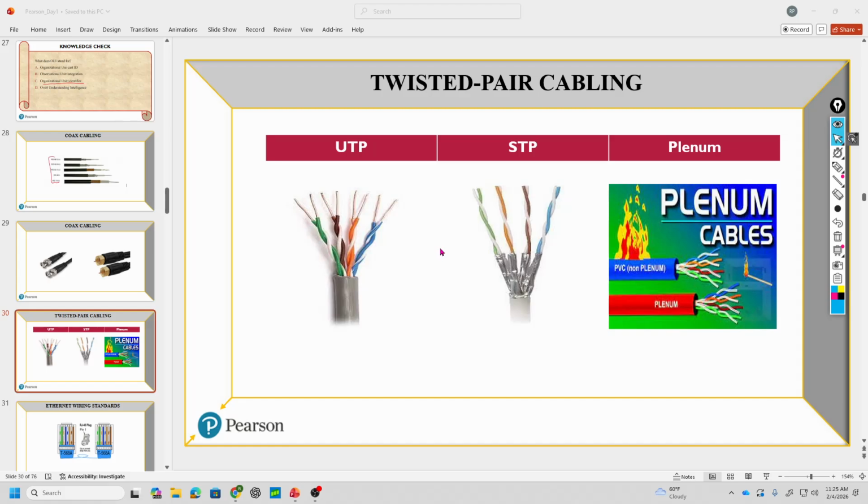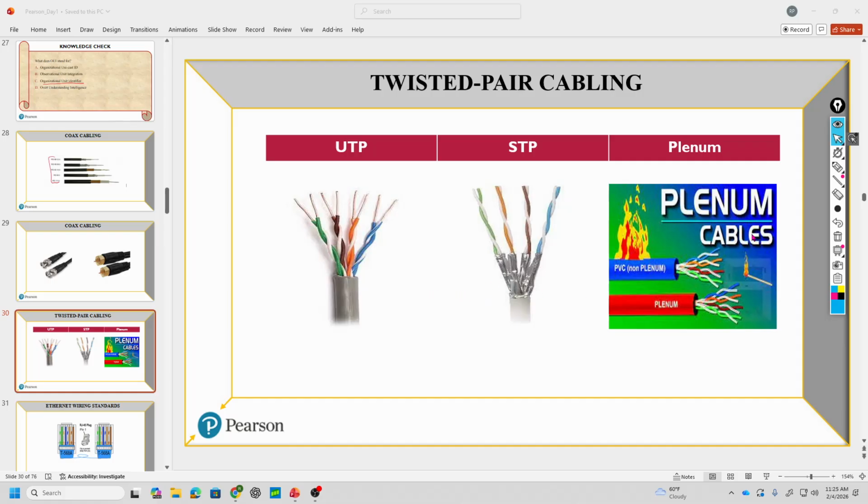Things like fluorescent lights, elevator motors, anything that generates some type of a frequency would interfere with communications on a UTP cable. So there are applications we would use STP, like if we're running across the drop ceiling, making a new drop, we would definitely use STP.